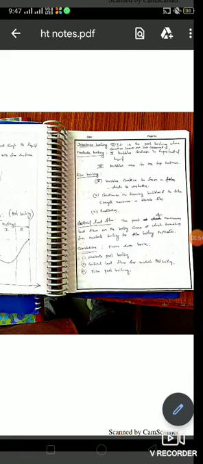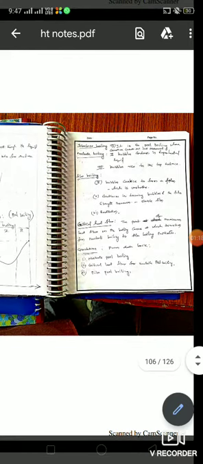The point of maximum heat flux on the boiling curve at which transition from nucleate boiling to film boiling initiates. Just the curve changes its direction. The point at which the curve changes direction, or the nucleate boiling type gets converted to the film boiling, that point is called critical heat flux.